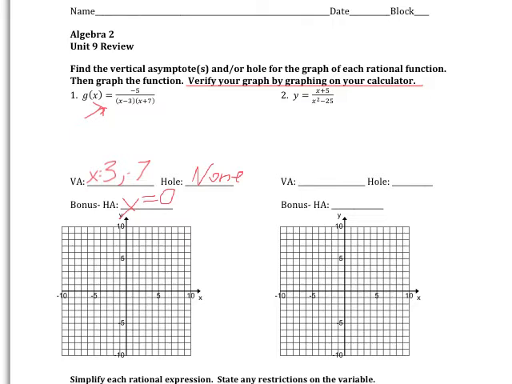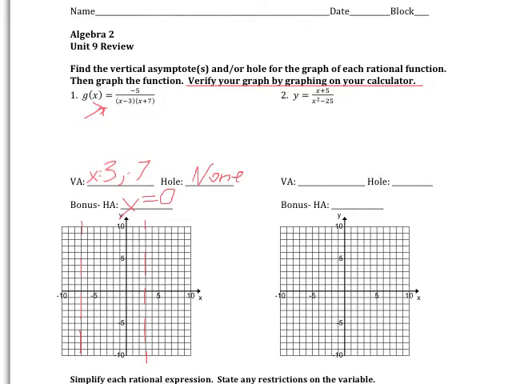So what we do is we go down to our graph and we get our vertical asymptotes graphed. So I put an imaginary line at positive 3, which means there's something going on right there, and there's also something going on over here at negative 7. So just drawing some dashed lines there. And that basically creates the basic shape of the graph.